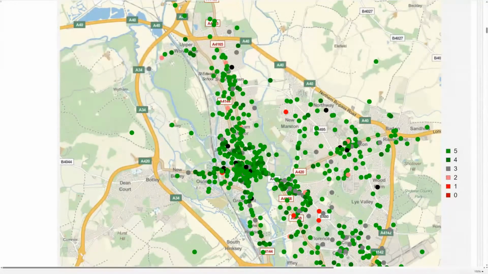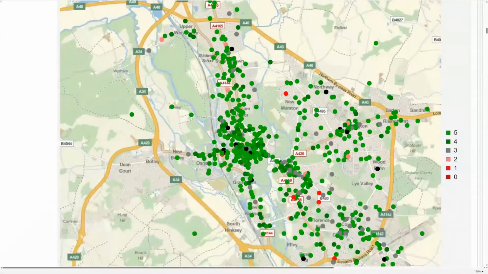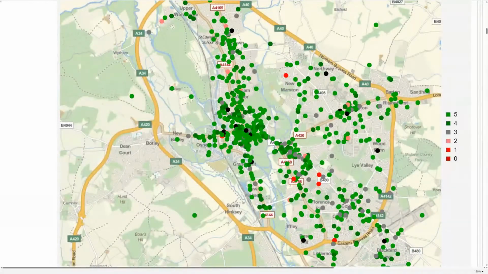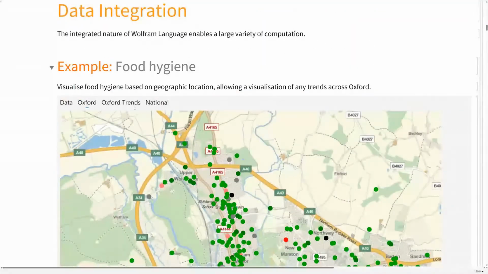As we can see, most of them are green, which is a good sign, and when it starts to go out to this area, it's just not great. So this helps us visualize the data and have a better understanding, like, oh, for hygiene reasons, I probably should not visit this area, just for safety.